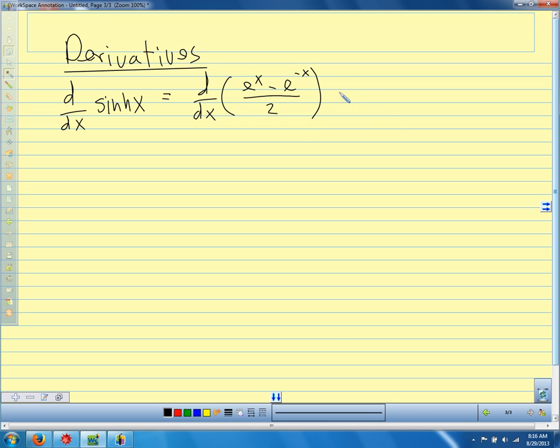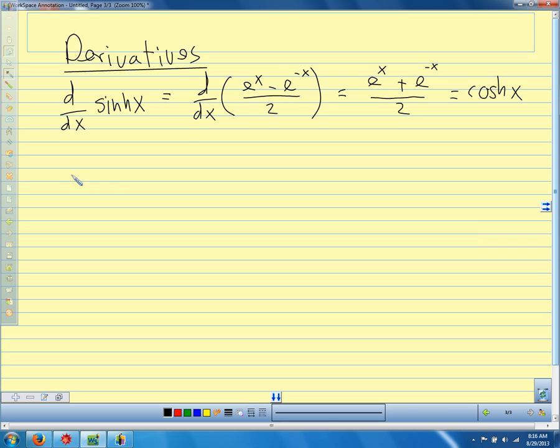And when I take the derivative of this, what do I get? First I get e to the x plus e to the minus x over 2, which is cosh. Everybody follow that derivative? Pretty easy derivative.